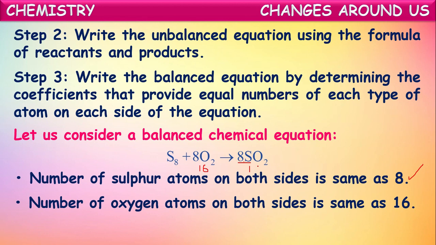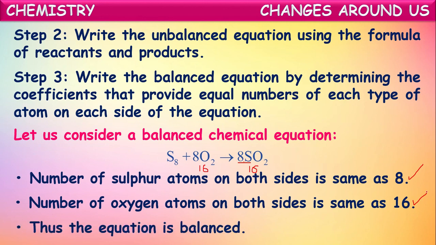So in total, the number of oxygen atoms on the right hand side also is equal to 16. So number of oxygen atoms on both the sides is same as 16. Now all the atoms on both the sides are equal. Atoms of all the elements present at left and right hand side of the equation are equal. Hence we can say this equation is balanced chemical equation.